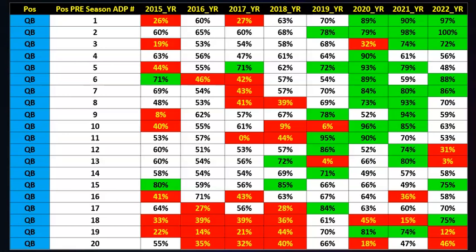So I calibrated every end-of-season fantasy point total, scaled relative to the best of all the years, and that was the second ranked quarterback. Last year, was that Mahomes maybe? Or was it Allen?